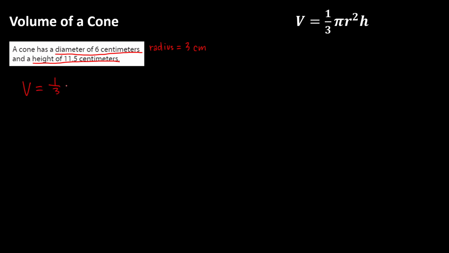Volume equals 1/3 times pi r squared h. And so we have 1/3 times 3.14 times 3 squared times 11.5. And when multiplied, the volume of this cone is 108.33 cubic centimeters.